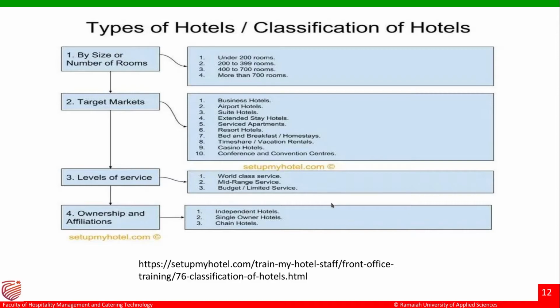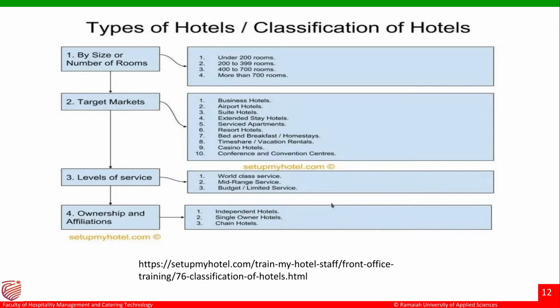Whereas single owner hotels are hotels which are run by a single owner, single founder, but he would be having various chains in other places. And chain hotels are public property, having public stakeholders, which are located across the world, the whole globe.